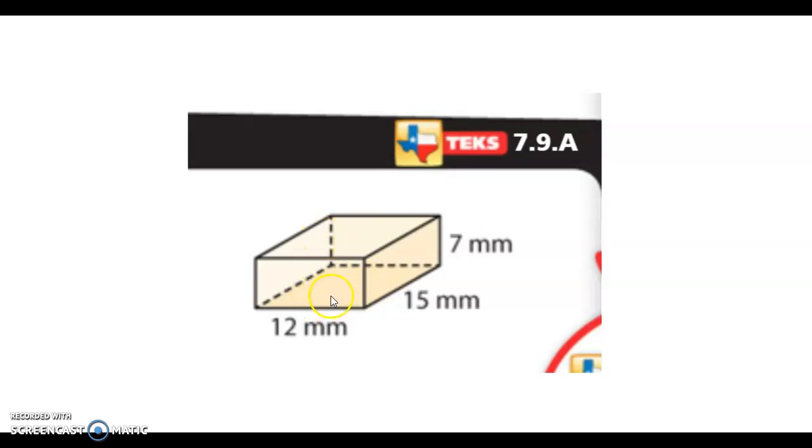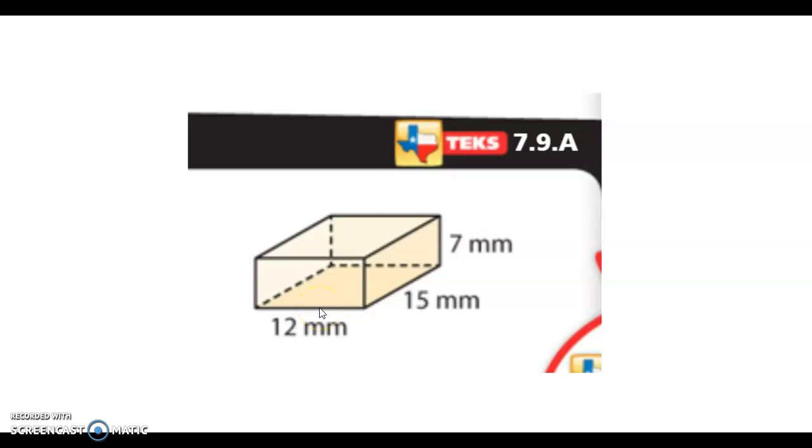So these two are considered our bases. Now, for surface area, it's super important that we realize, again, that those two are bases. For our purposes, our volume is where we find the area of this base and then follow the formula to figure out the volume.